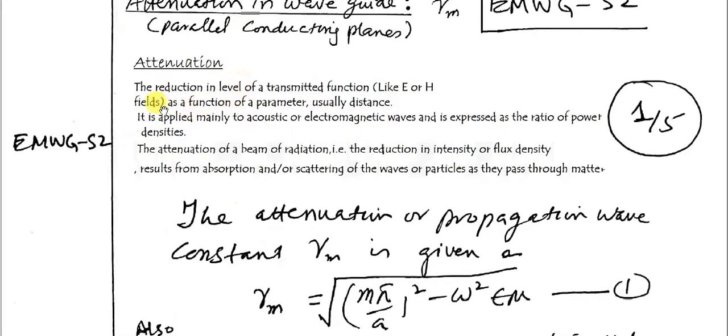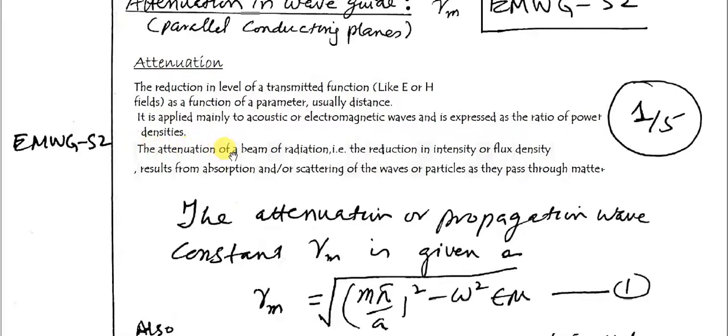Attenuation is the reduction in level of a transmitted function, any function like E or H fields, as a function of some parameter, usually distance. It is applied mainly to acoustics or electromagnetic waves and is expressed as the ratio of the power densities.